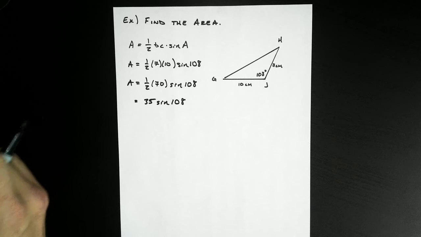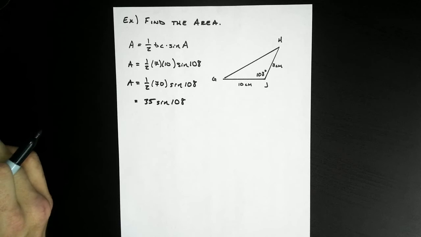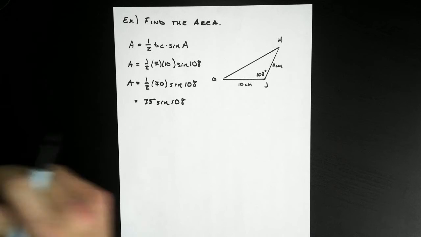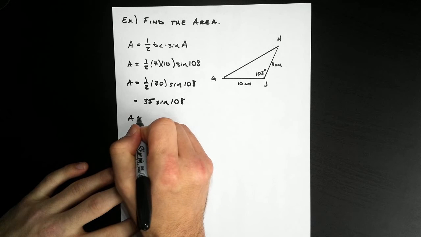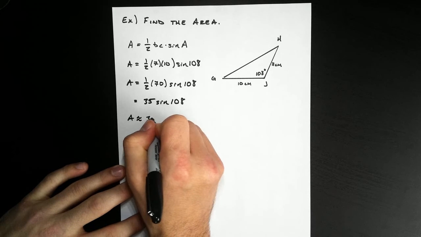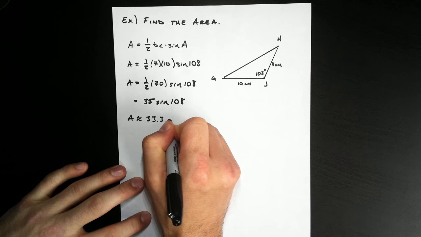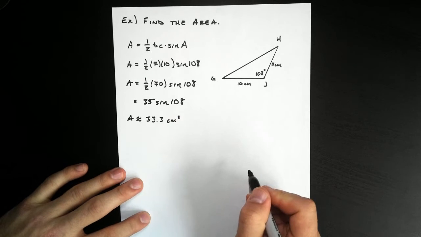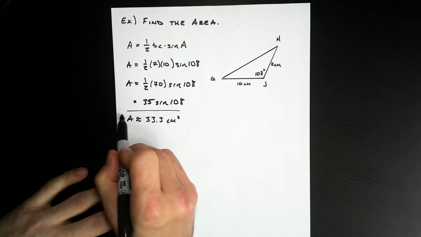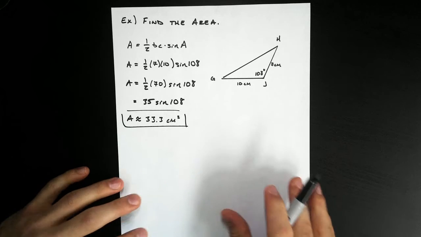And if I use my calculator, 35 times the sine of 108, I end up with an area that is about 33.3 square centimeters. Okay.